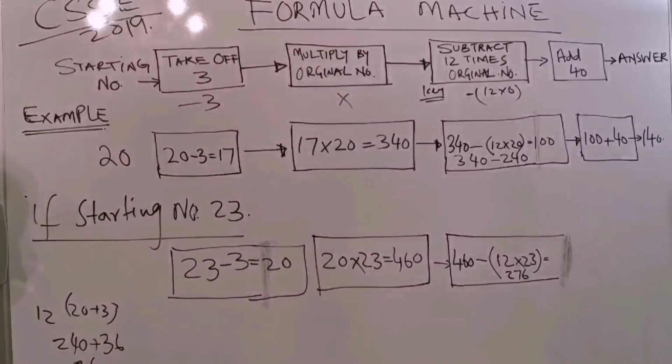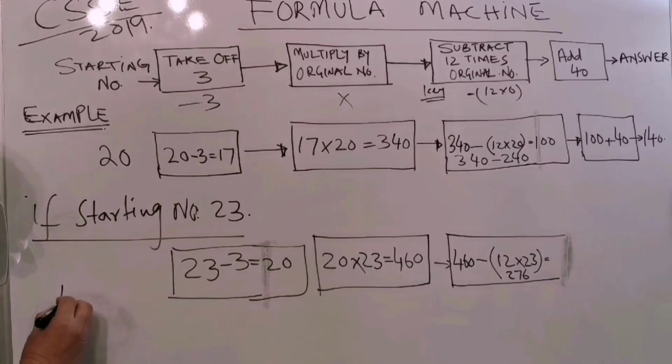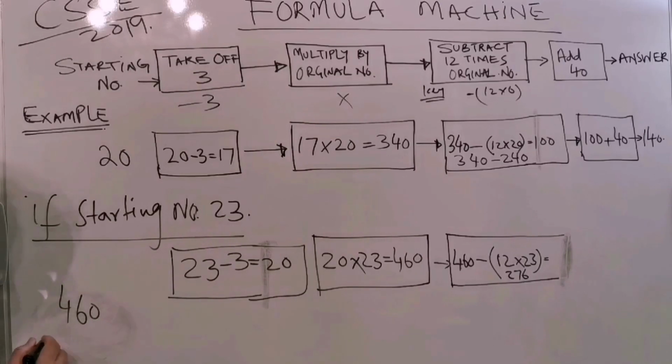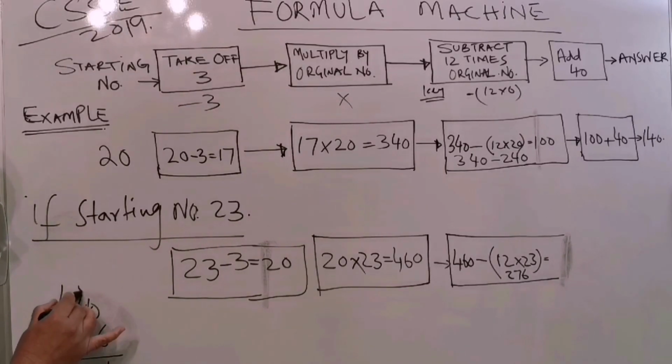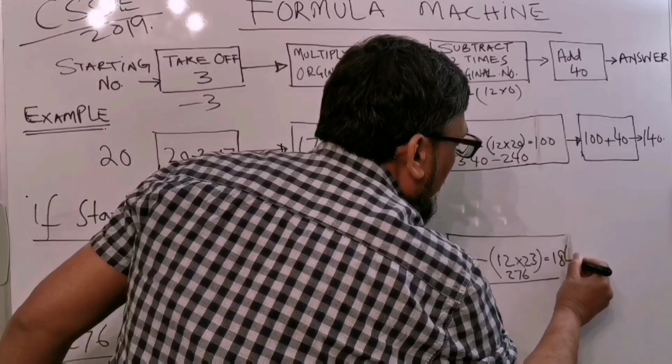After that, 460 take away 276. 10 take away 6 is 4, and 15 take away 7 is 8, and 3 take away 2 is 1, so 184. So the answer will be 184.